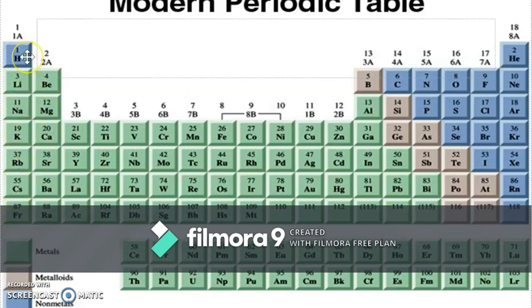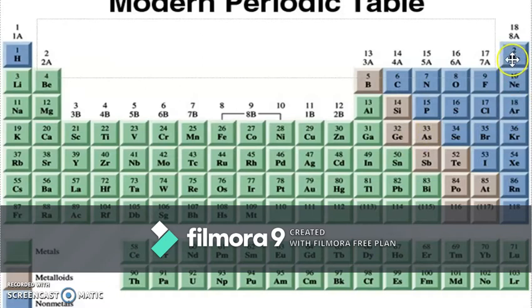The first row consists of only two elements, from hydrogen to helium. The second period starts from lithium and ends at neon, including 8 elements. The third period also starts from sodium and ends at argon and includes only 8 elements.